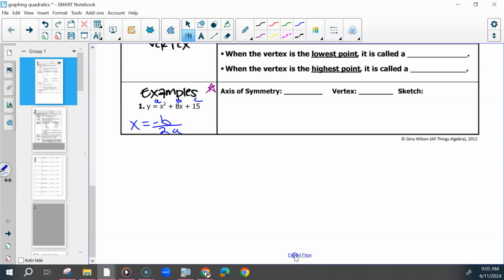And then to find your axis of symmetry, you just put whatever those coefficients are in this. So x equals negative 8 over 2 times, what's your a value? That's the variable. What's the number in front of that? 1. So then go ahead and simplify that. What would that give us?